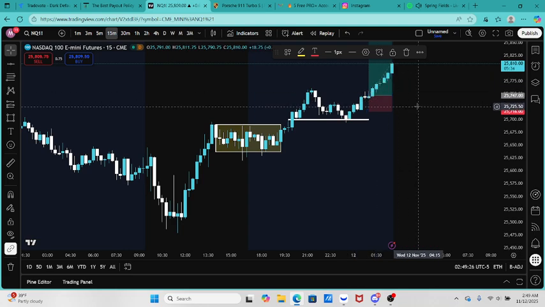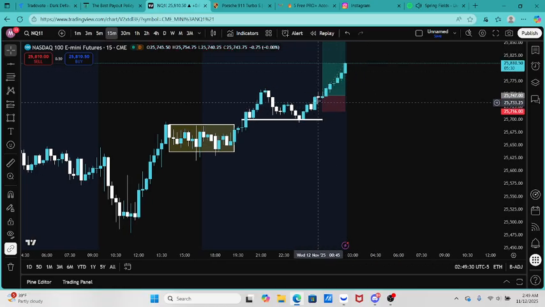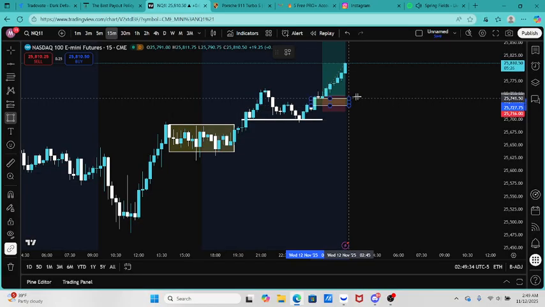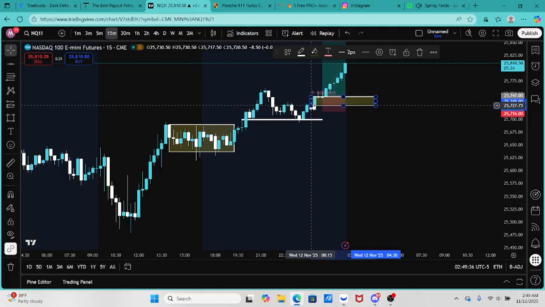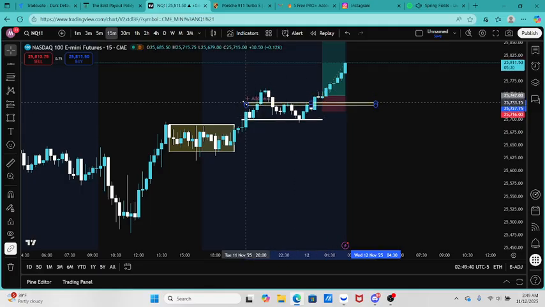So how I would play it out, say I woke up and we were down here, I would have this fair value gap marked out, because if you drag it over, it's also basically an inverse fair value gap, a little bit smaller.